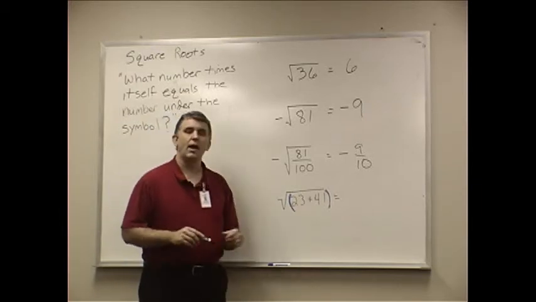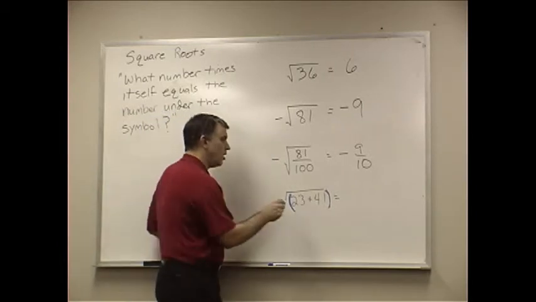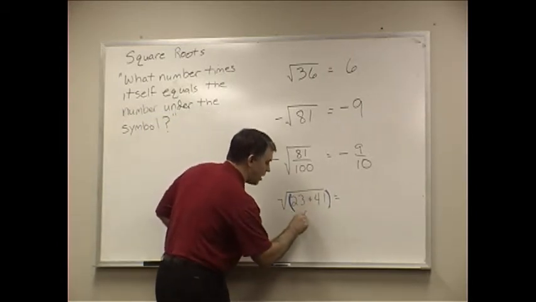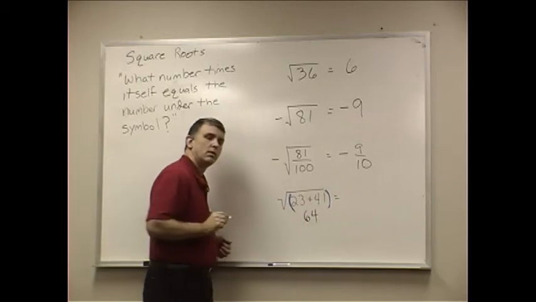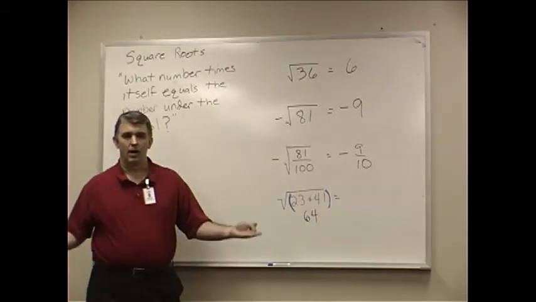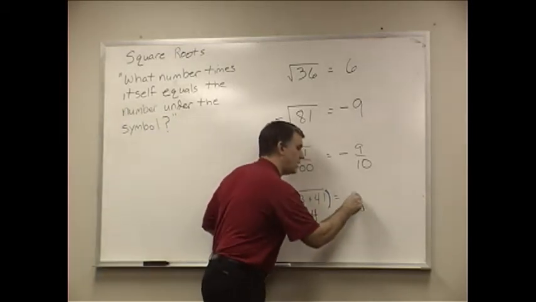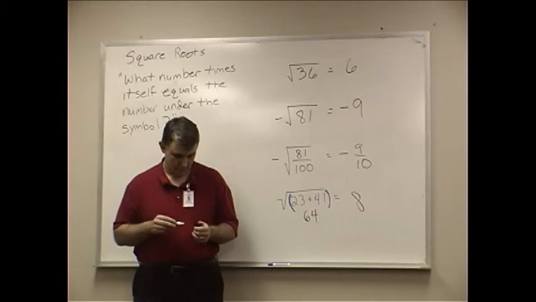So the first thing we have to do is add up 23 and 41. 23 plus 41 is 64. What is the square root of 64? Well, what number times itself is 64? I hope in your brain you're thinking 8.